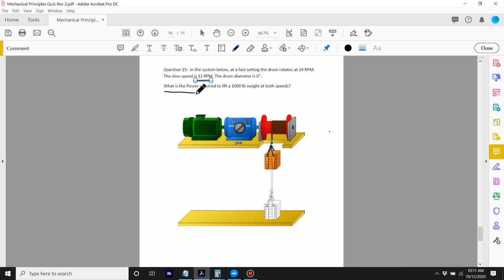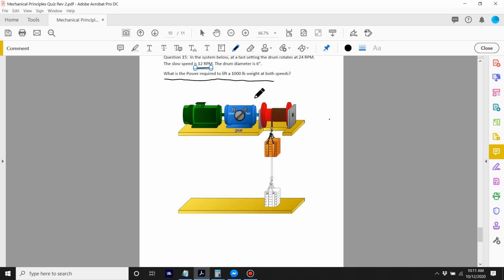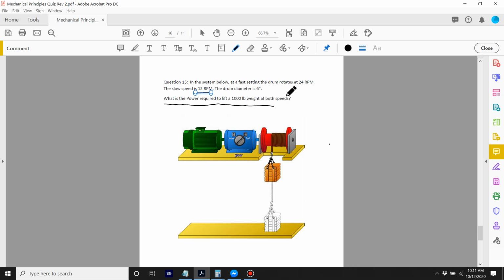What is the power required to lift a 1,000 pound weight at both speeds? Now, I can tell you right now, at a faster speed we're going to need more power, and I bet you money that it's half the horsepower for 12 RPM.